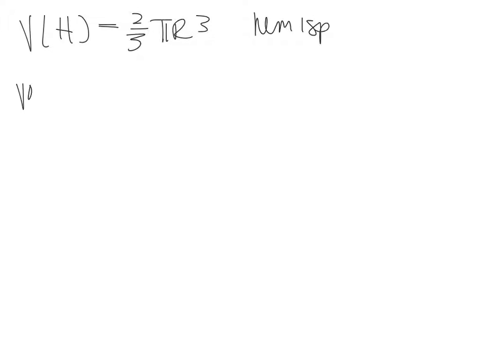So if we have the volume of a hemisphere is 2/3 pi r cubed, that's the hemisphere, which is half a sphere. The volume of a whole sphere is twice the hemisphere.